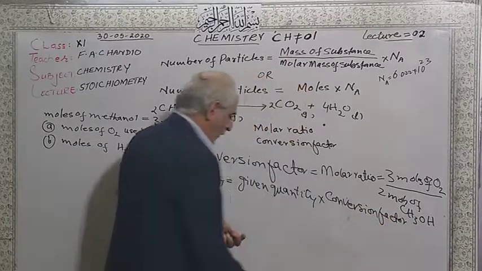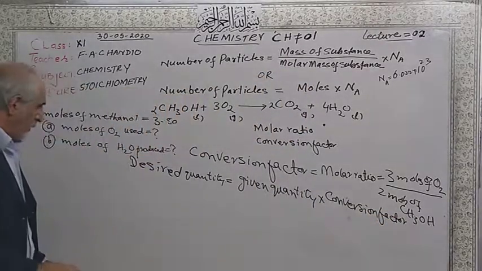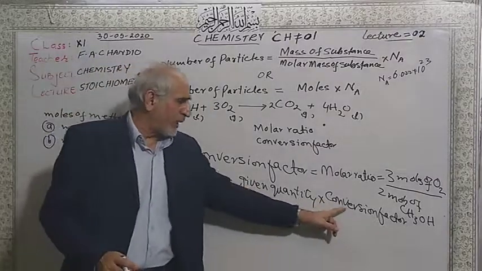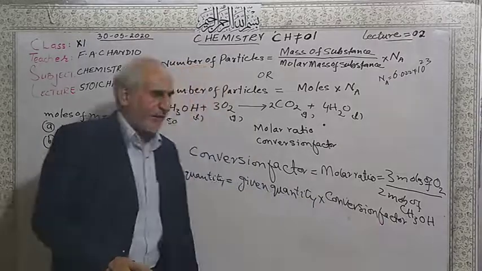This is your formula. Desired quantity is equal to given quantity multiplied by conversion factor.